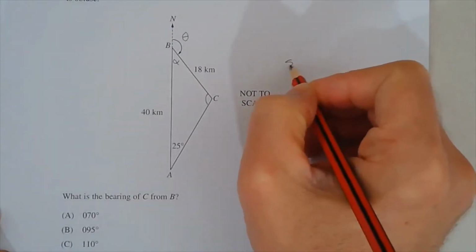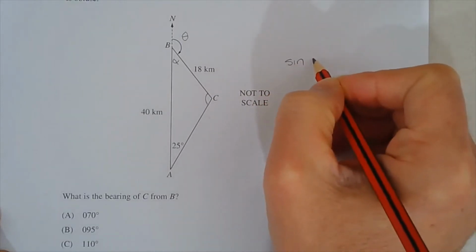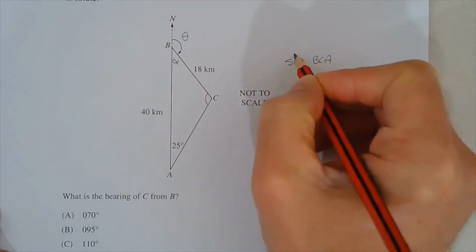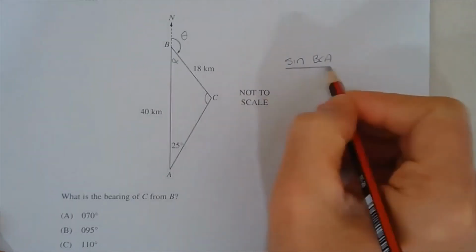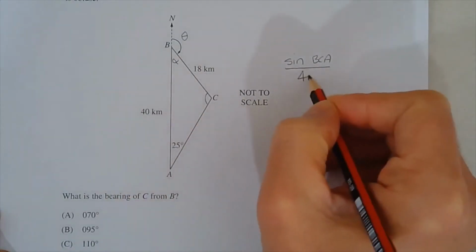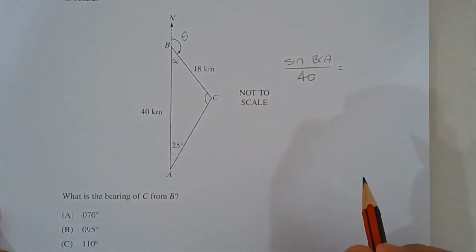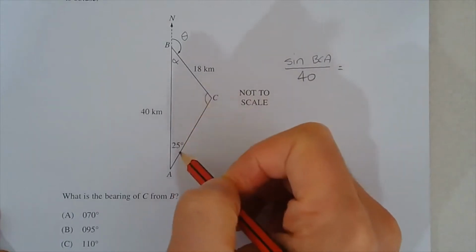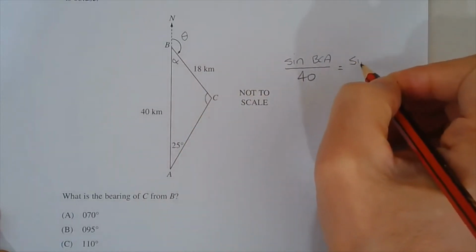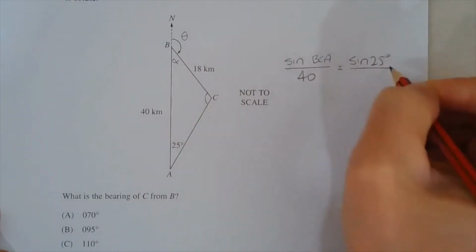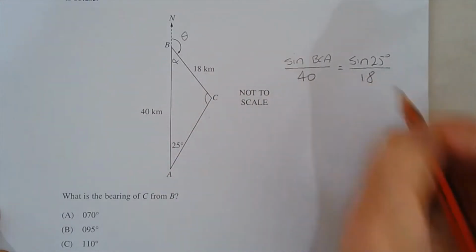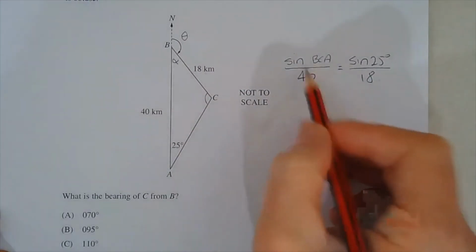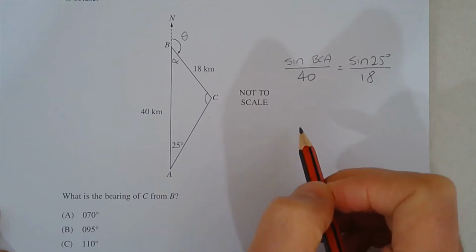So let's find BCA first. Sine of BCA over 40 kilometers is equal to sine of 25 degrees over 18 kilometers. Now let's rearrange the formula to make angle BCA the subject.